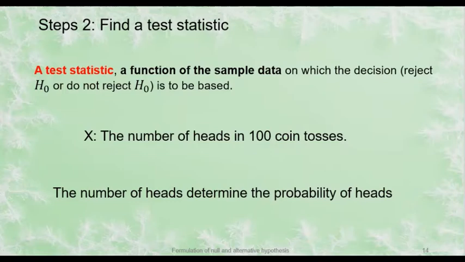It's obvious because according to the definition, the probability of heads is the number of heads divided by the number of tosses, 100 here. So the number of heads determines the probability of heads. So this test statistic will help us to make a decision about the hypothesis.